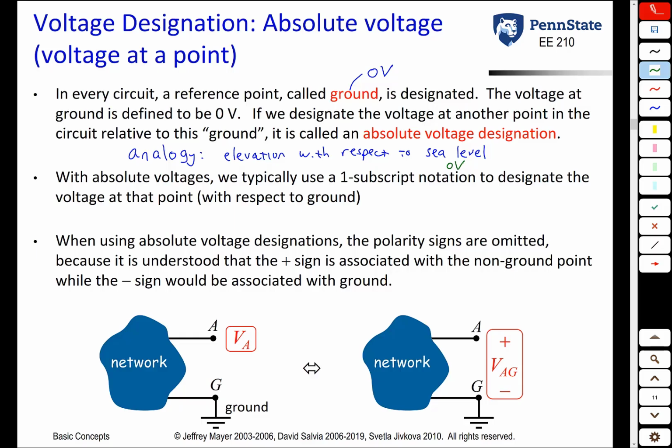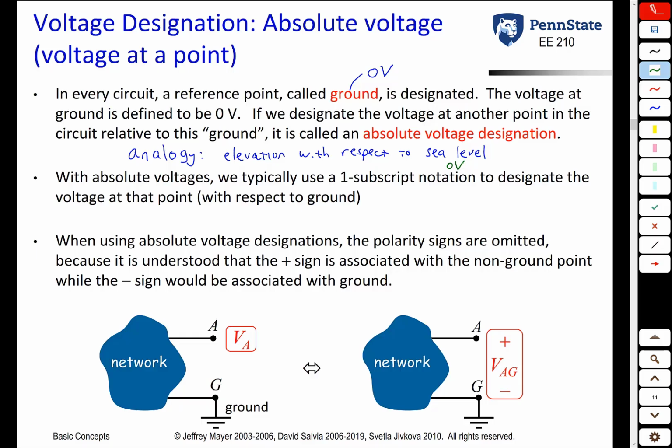So when we work with absolute voltages, we don't need the two subscript notation and we don't need the plus and minus polarities that we had with relative voltage, because it's always assumed that the minus is at ground and the plus is the other point.